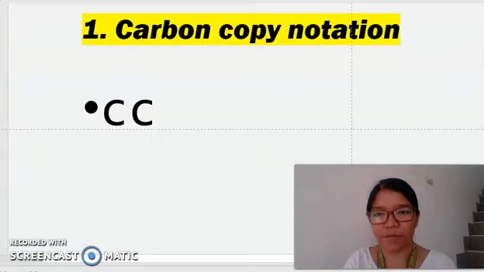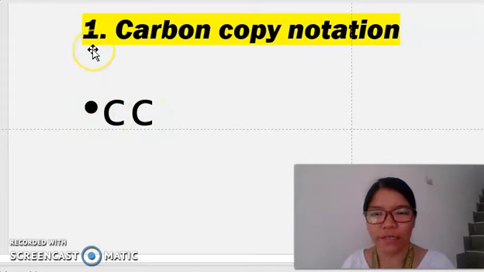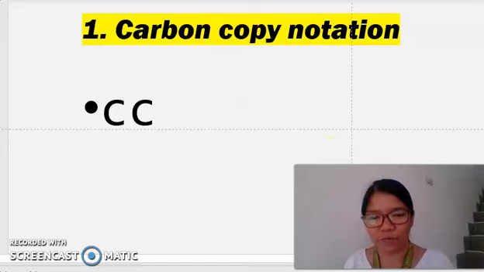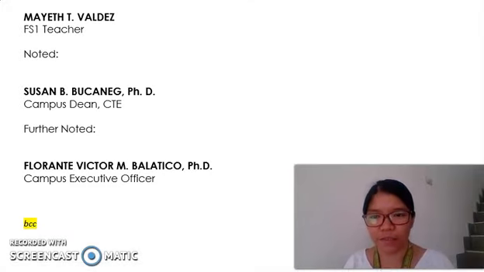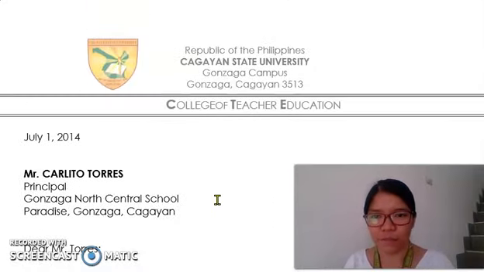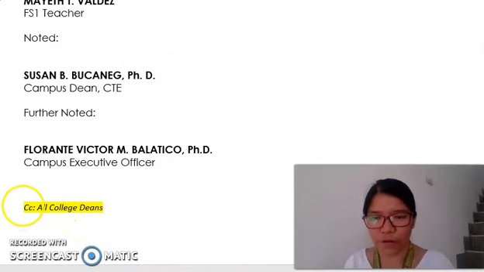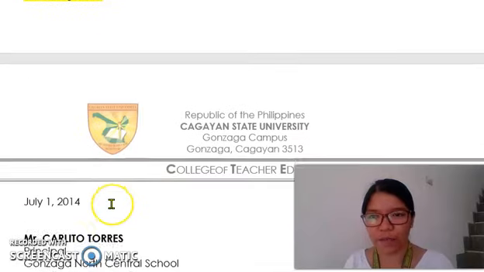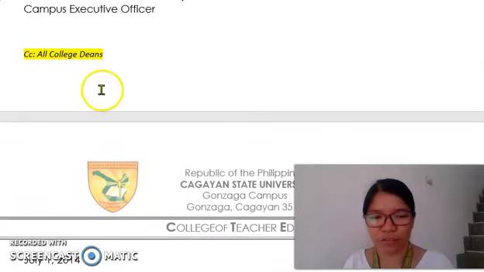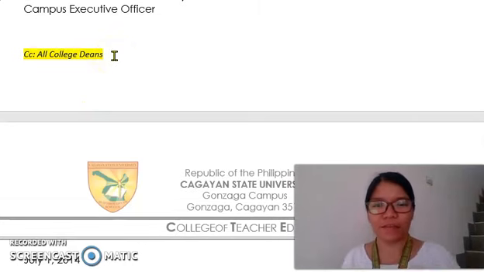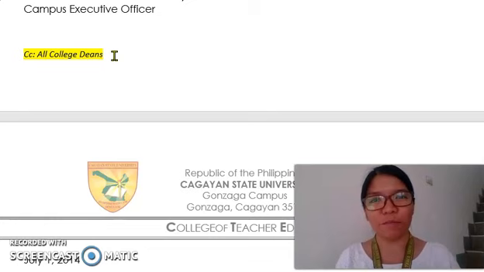First, we have the CC, the symbol CC, which stands for carbon copy notation. An example of this is in here. It's located at the bottom line, the lowermost part of the letter.